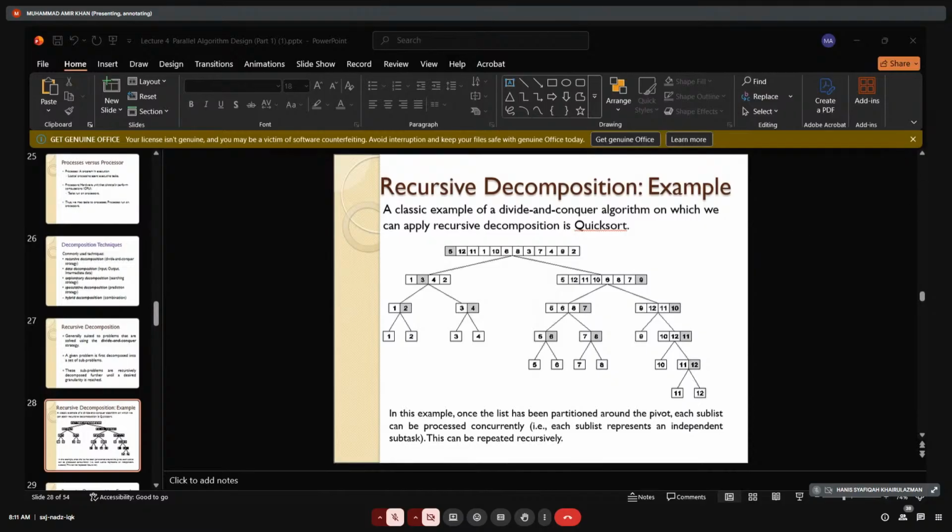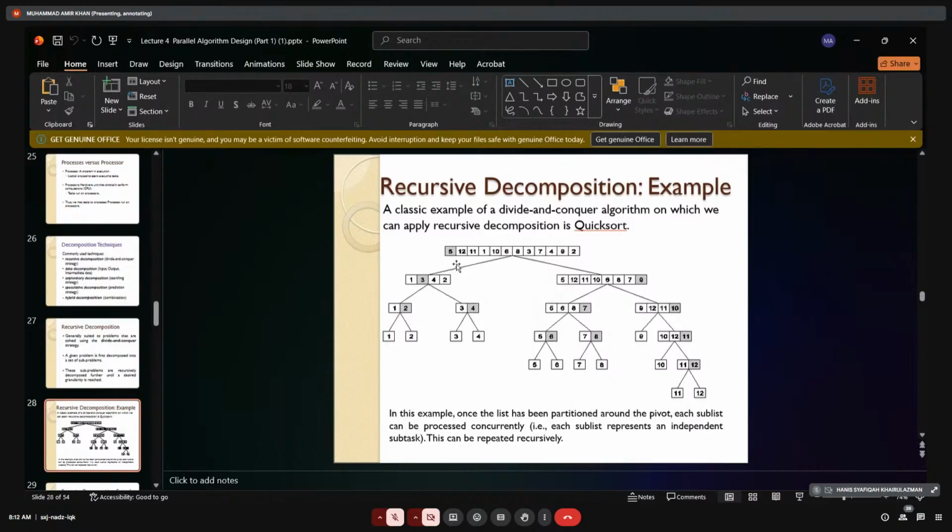So here in this case, the value we choose is 5. For example, 5. So how do we distribute this list? Left and right values. Left must be less than the pivot value, and right must be equal to and greater than the pivot value.